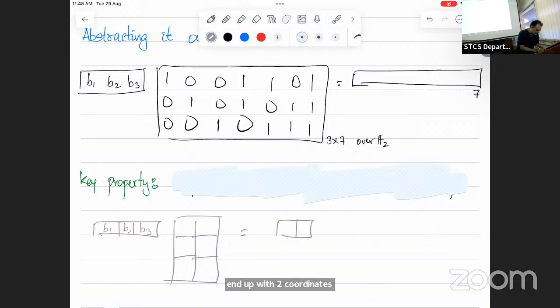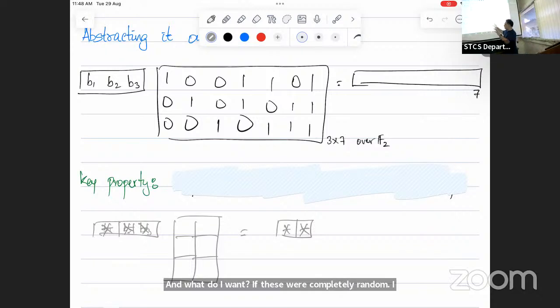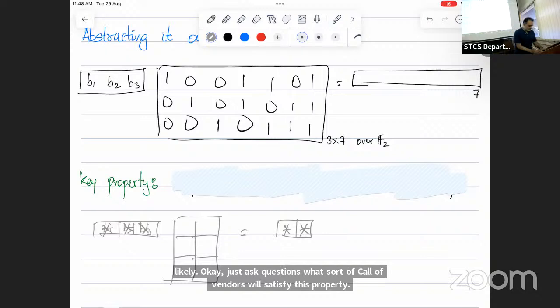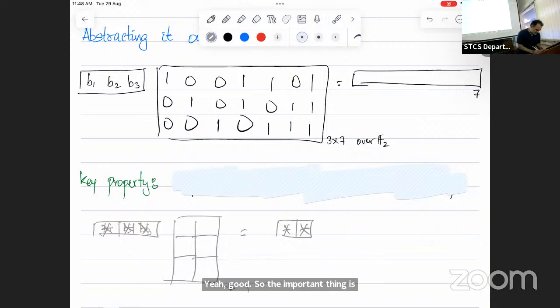And what do I want? If these were completely random, I want this to look completely random. I want all 4 possible outputs to happen equally likely. Let's ask ourselves, what sort of column vectors will satisfy this property? The important thing is that this must have rank equal to 2.